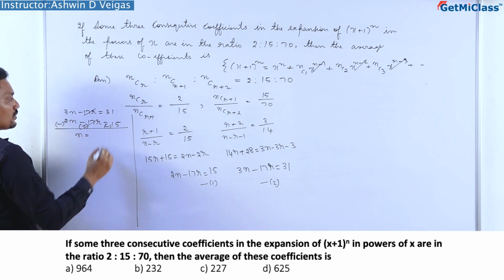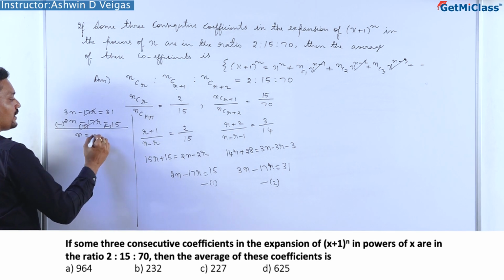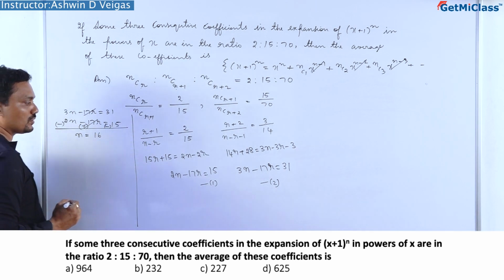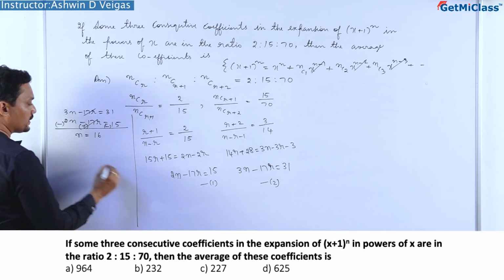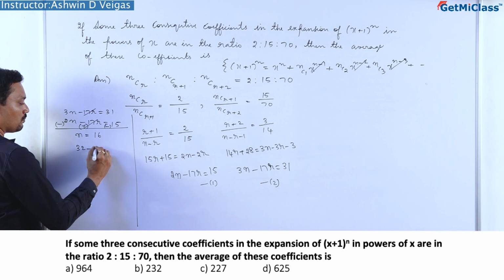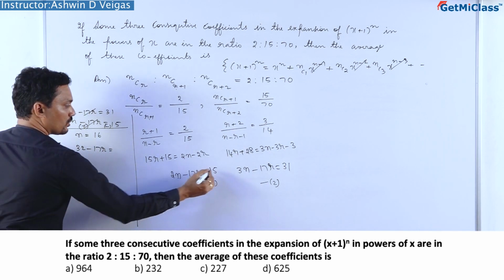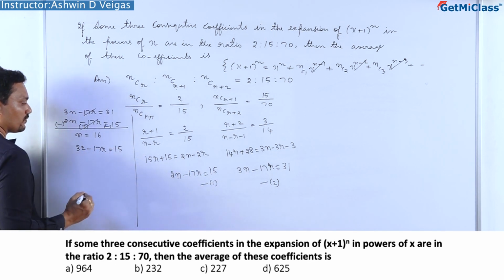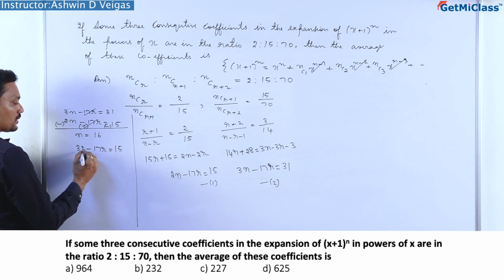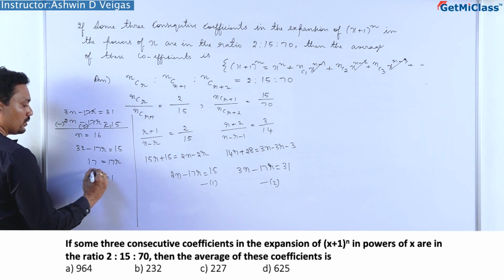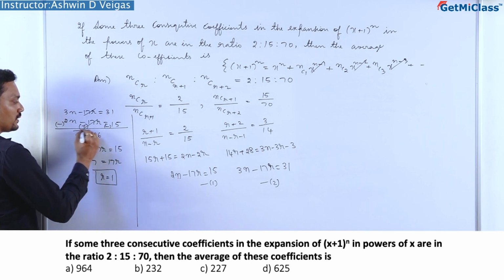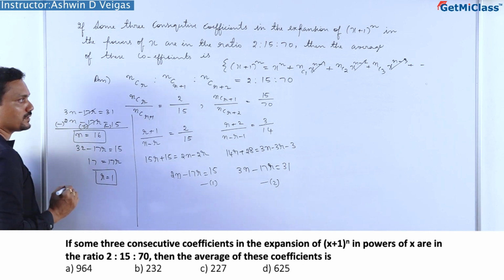So, you will get n = 31 - 15, so n = 16. Now, if you substitute n = 16 in equation 1, 2 into 16 is 32, minus 17r = 15. From here you will get 32 - 15 = 17 = 17r. So, r = 1 and n = 16.